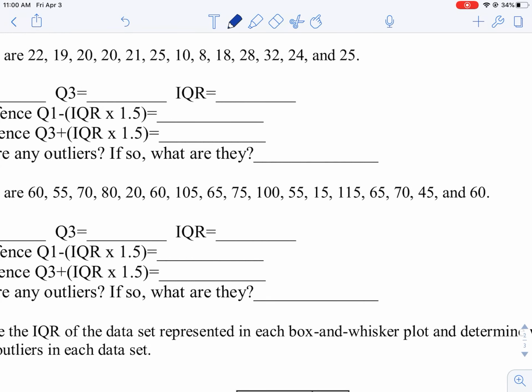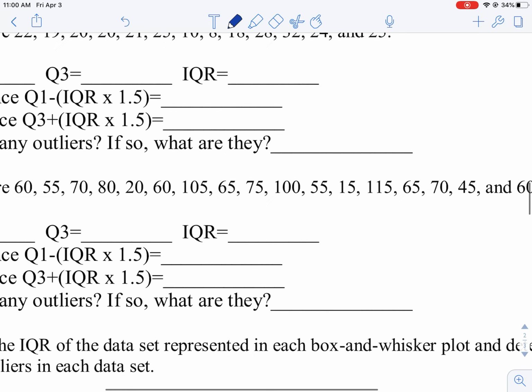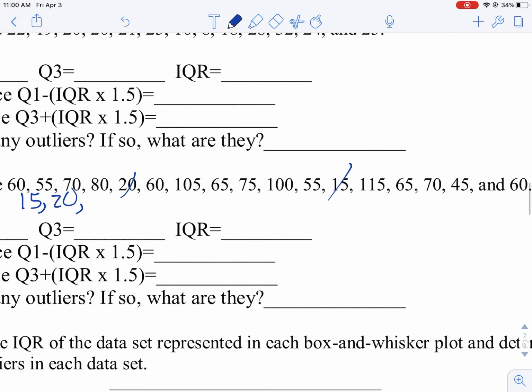So first things first, I have to put these in order. These ones were not put in order, so we were not nice to you here. So we're going to go 15. And then the next one is 20. Then, what's next after 20?